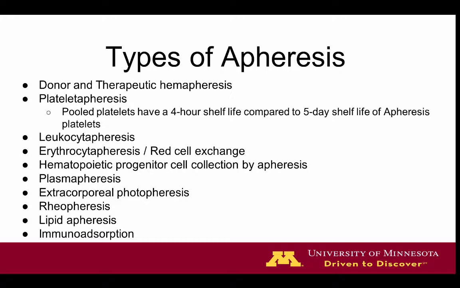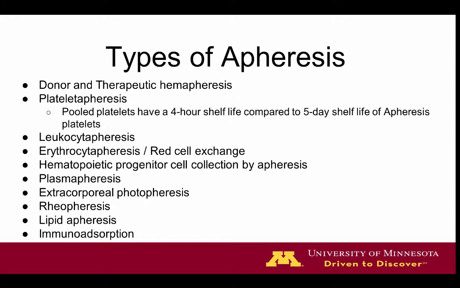Additionally, you can collect specifically white cells, you can collect red cells. Of note, for stem cell transplantation, typically apheresis is used instead of an actual bone marrow collection. As I mentioned, these apheresis procedures are tolerated much better than having a surgical procedure or a bone marrow direct harvest procedure.